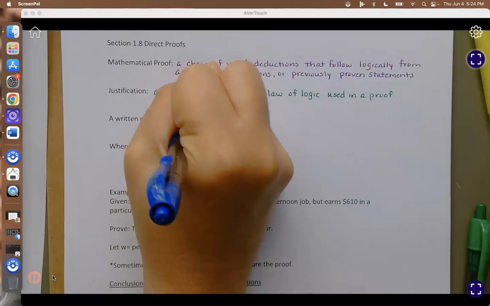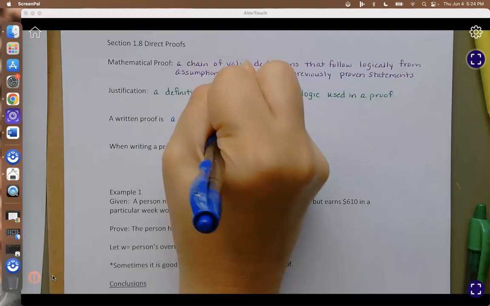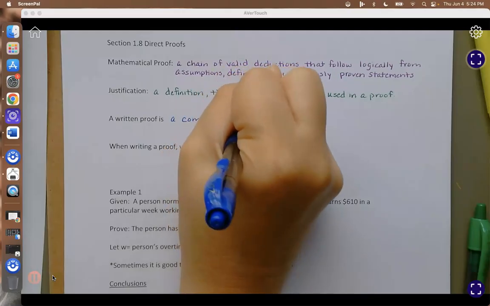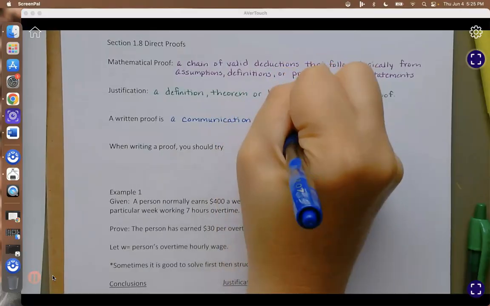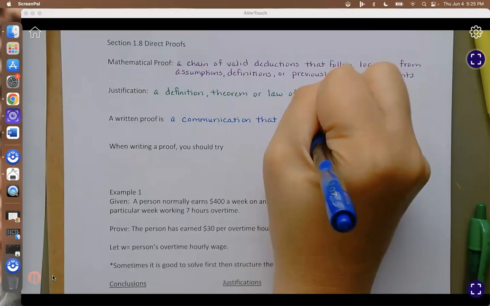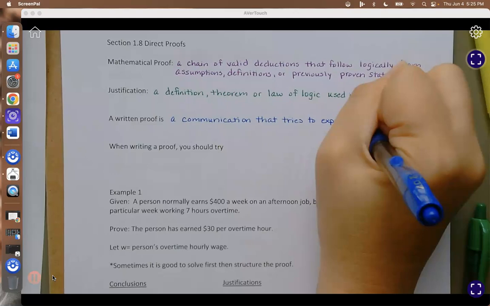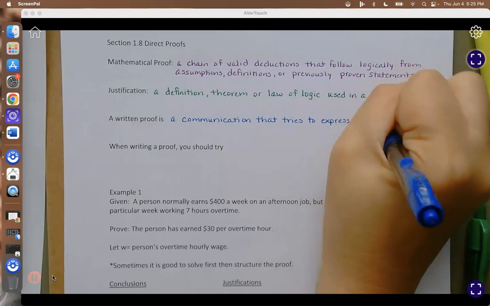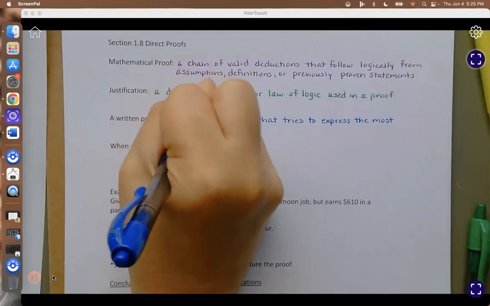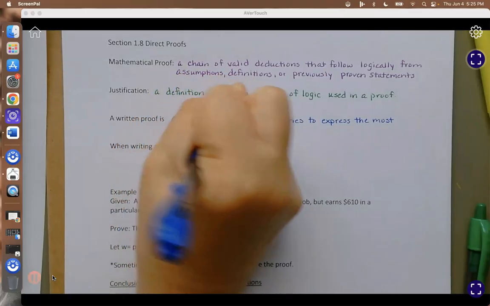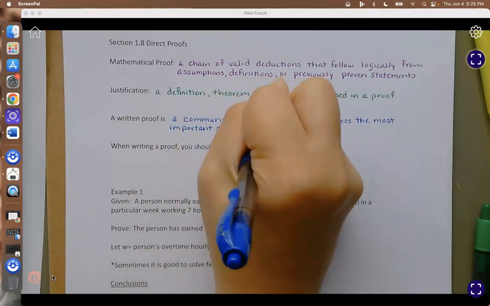So a communication that tries to express the most important steps in thinking.